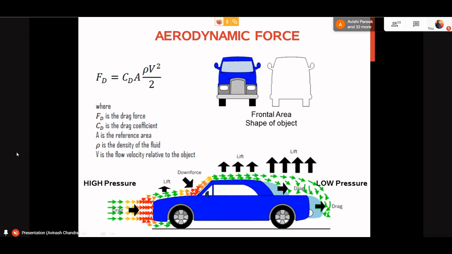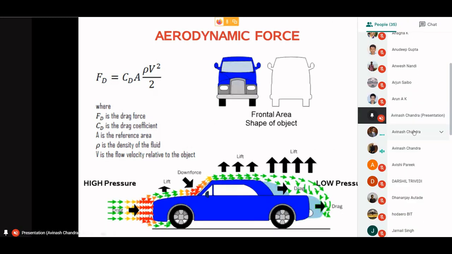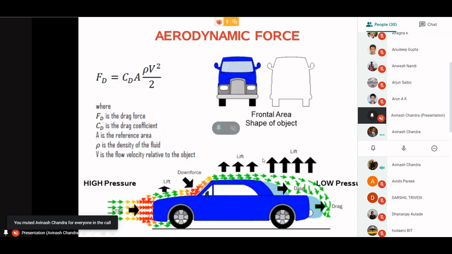There are two reasons why the pressure is maximum. First, this is the front part of the vehicle which is interacting with the fluid first. Second, this portion is almost flat. So the air which comes here will directly hit the front part, and it will stay.